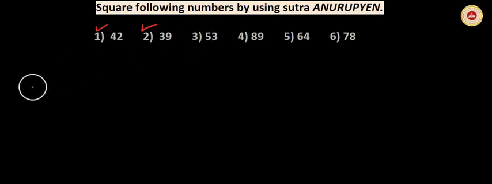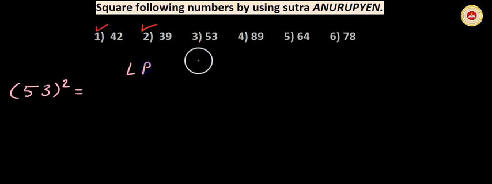Third example, 53 squared equal to, so left part, middle part and right part. We are going to obtain the answer in these three parts. First of all, let us find the ratio of these two digits.